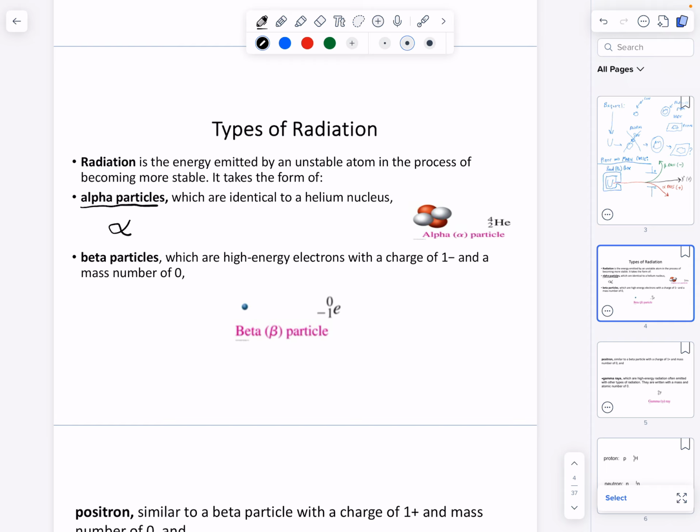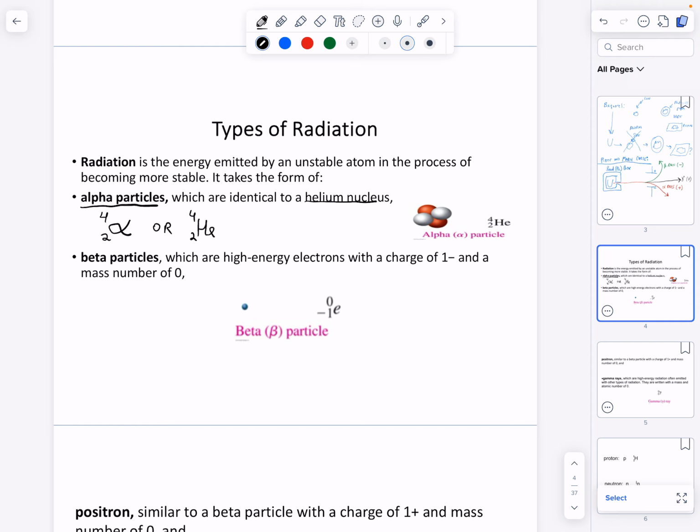Later they found out that this nucleus is exactly the same as the helium nucleus. So these alpha particles have 2 protons and 2 neutrons, a total mass of 4. That's why there are 2 ways of writing the alpha particle, as alpha or helium 4-2.